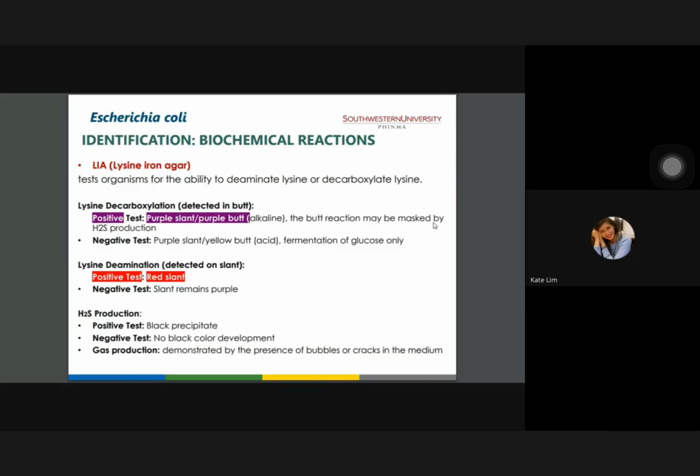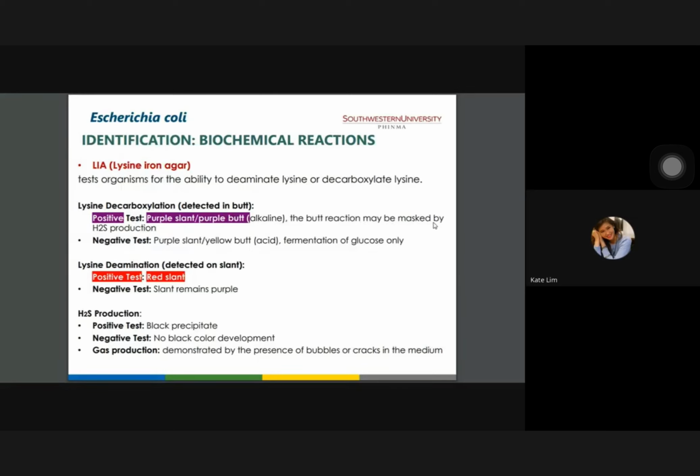The principle of your LIA and your TSI is actually the same. But remember, in your TSI we check the acidity of the medium, and here we are checking the alkaline state of the medium.